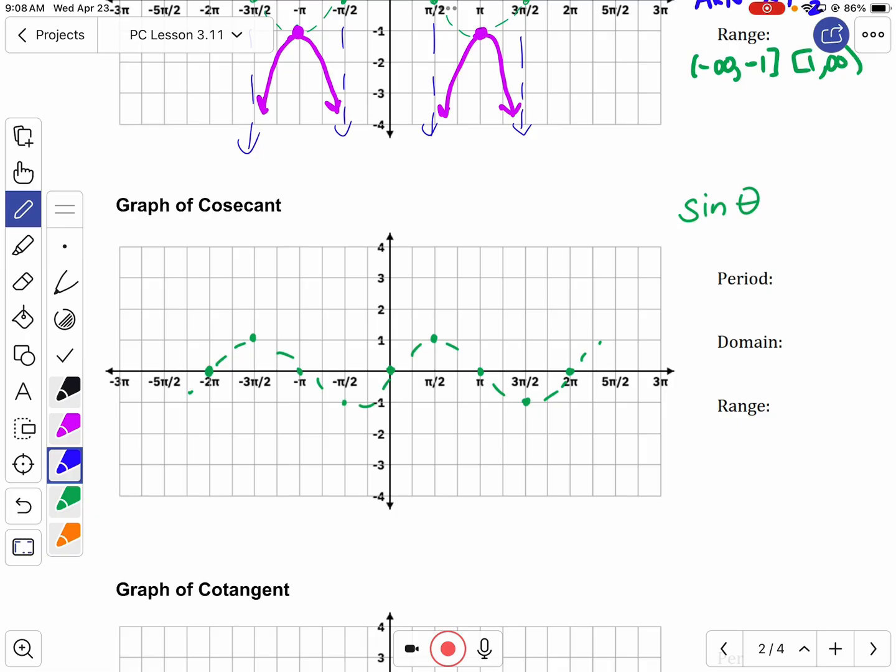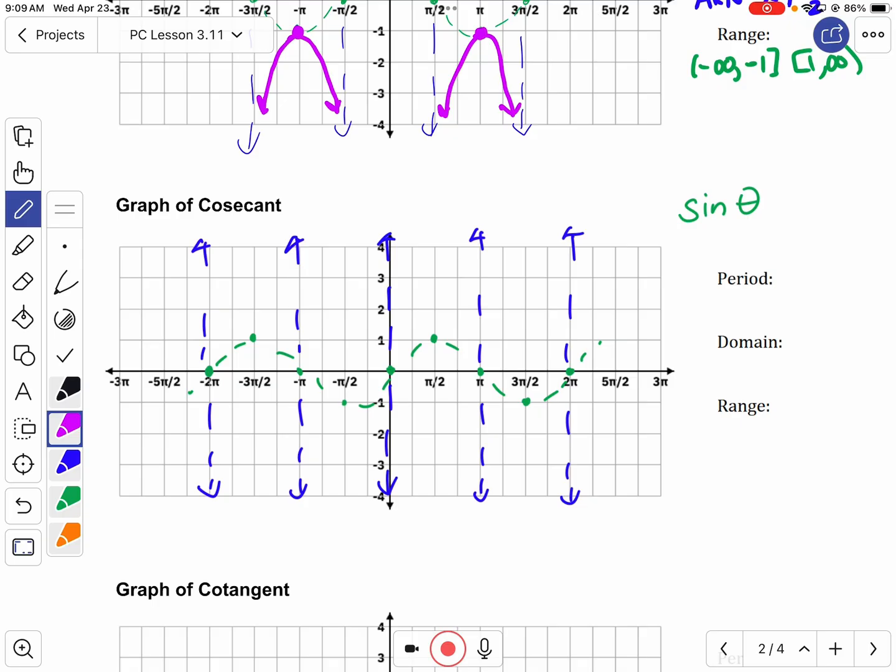Now, they're in a different place than the cosine zeros for the secant, but they still happen in the same place, at 0, at pi, at 2 pi, etc. We do the same process in terms of keeping the max or min and flipping. So we'll do the same process.